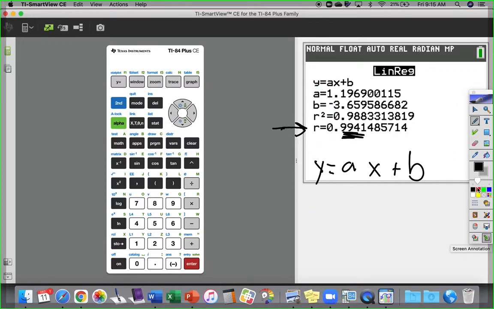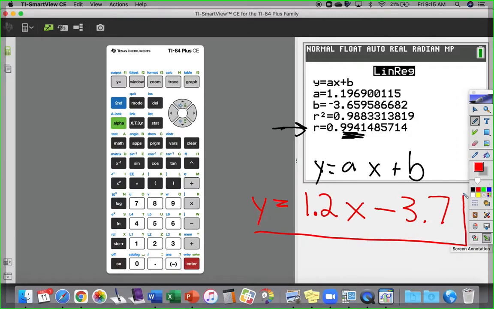So the final equation for this line of best fit is y equals, you take a and you put in 1.1969. If you round this, it's going to be about 1.2. Bring the x straight down, and then put the b in, plus a negative, which is really just minus 3.65, which becomes 3.7.